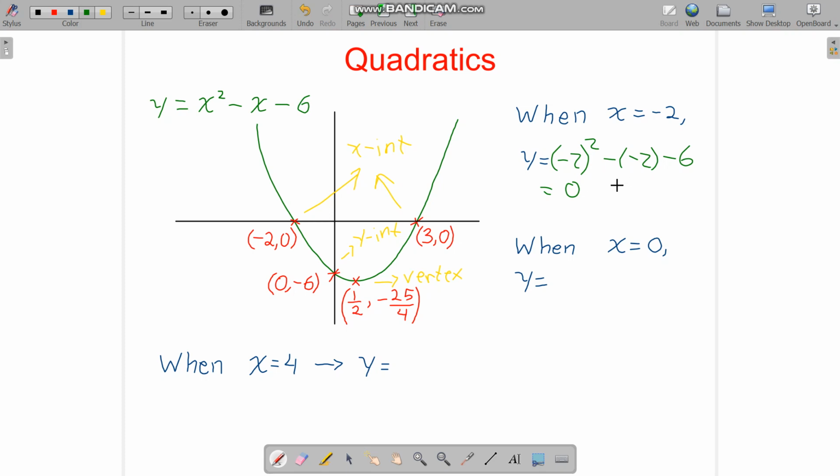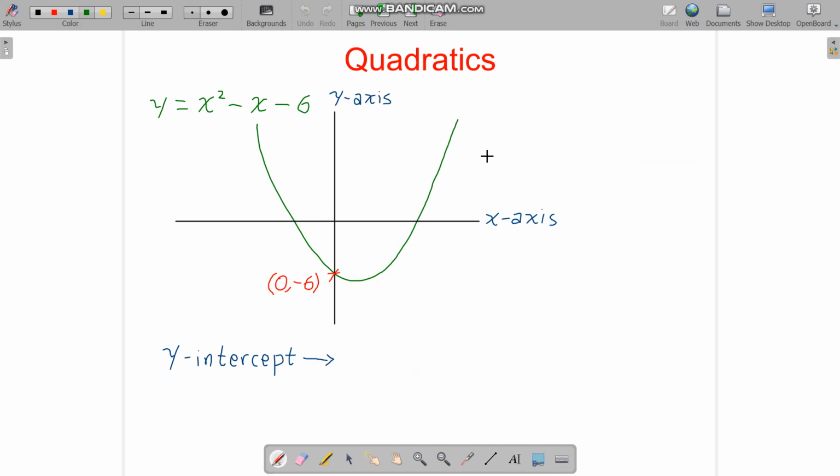This is why you have minus 2, 0. And when x equals 0, we have 0 squared minus 0 minus 6, which is minus 6. That is why we have 0, minus 6. When x equals 4, 4 squared minus 4 minus 6, we get 16 minus 10, 6. So that means we have a point here actually, 4, 6, also on the graph.